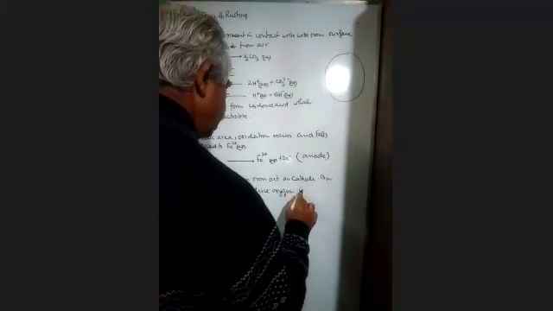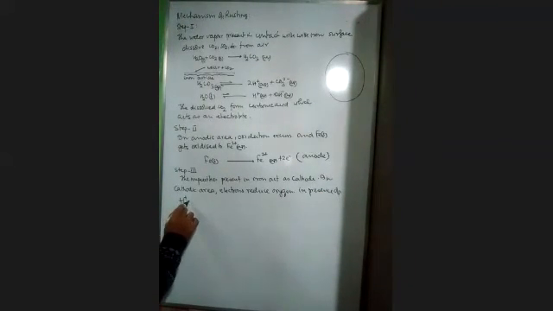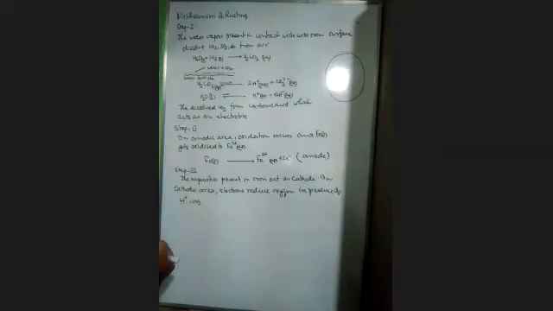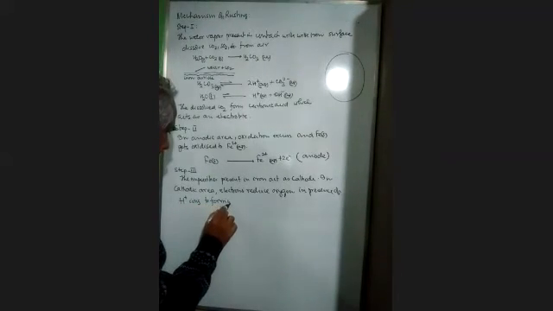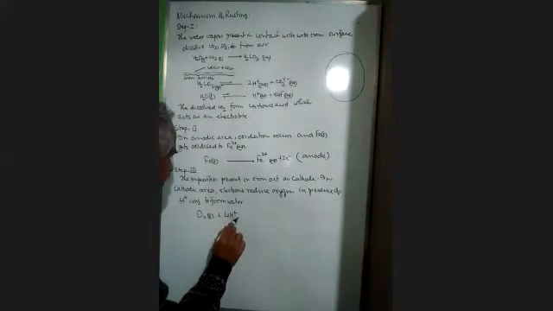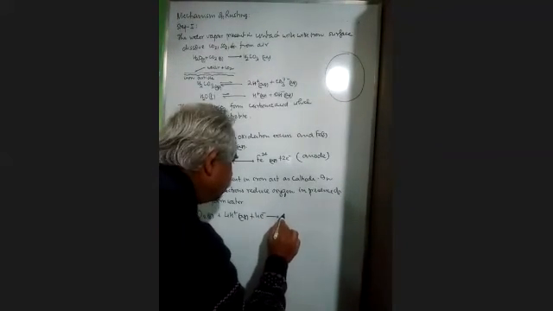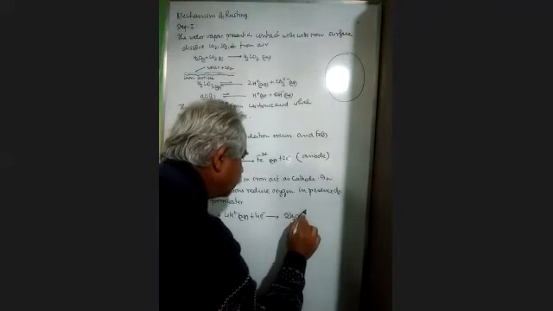Oxygen in presence of H plus ions. Where from did you get H plus ions? See here, here we have H plus ions, here we have H plus ions, to form water. Okay, so I'll write now here: O2(g) plus 4H plus aqueous plus 4 electrons will give you 2H2O. So this is cathode.